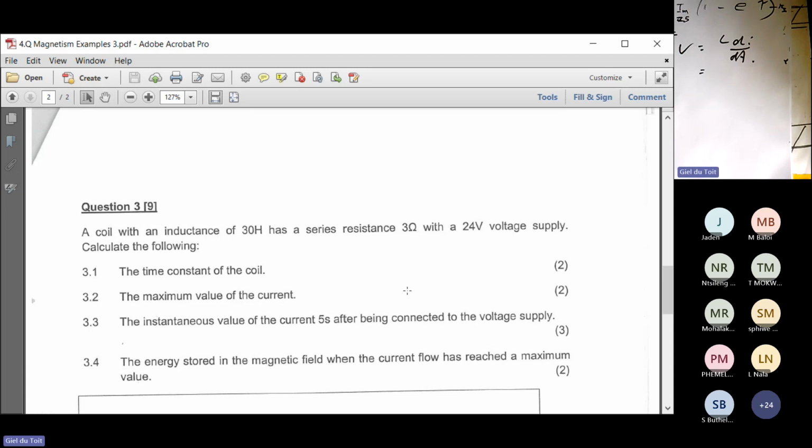So what is your current there at 5 seconds? It's about half a time constant, so it's about half of 24 volt. I guess it's about 10 volt. Let's see if I'm right. This is in my head, I do these things. What do you guys say? 8 volt to 10 volt, I would say, roughly. What do you get? That's the formula.